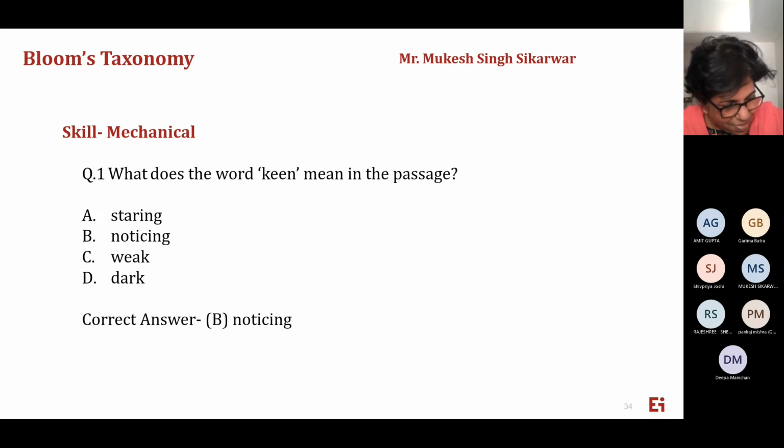If the options had, as Bindu ma'am said, noticing, keen can have different meanings in different scenarios. But here we can easily eliminate other options. We can only choose noticing. So it goes mechanical now for me. So now I agree with Mukesh sir because the options are not other meanings.